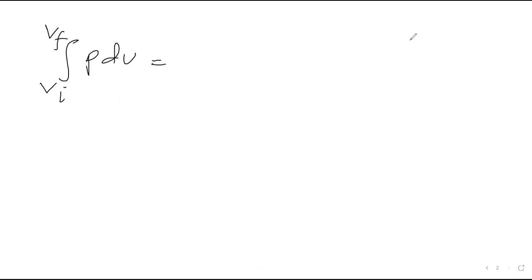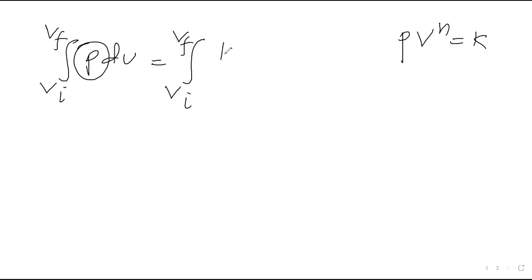From the initial assumption, PV^n = K, I replace P with K upon V^n. So I get the integral from V initial to V final of K V^(-n) dV.